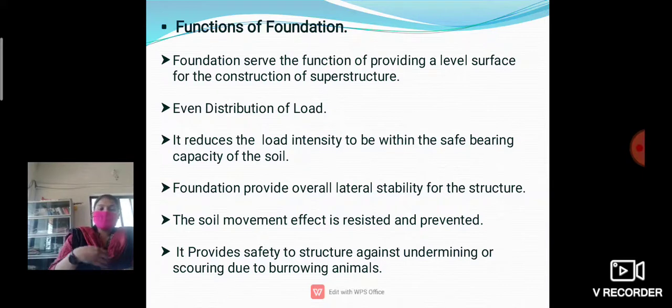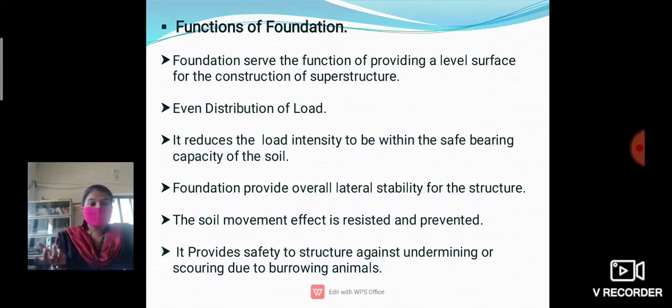So the foundation is used for load transmission. Do you know about load transmission in a frame structure? In a frame structure, load is transmitted from slab to beam, beam to column, column to footing. Here, footing means foundation. So the foundation plays an important role in taking all the load from the structure or superstructure.